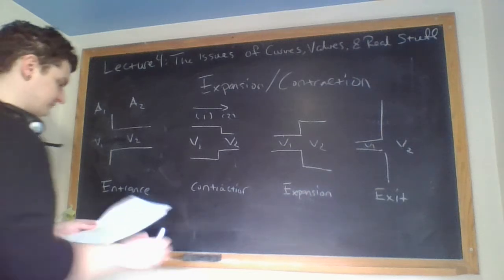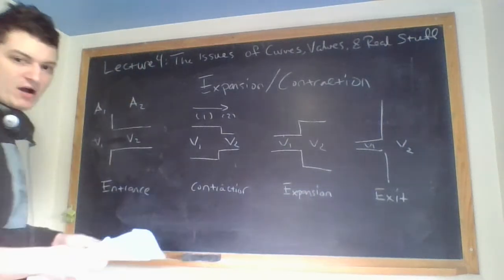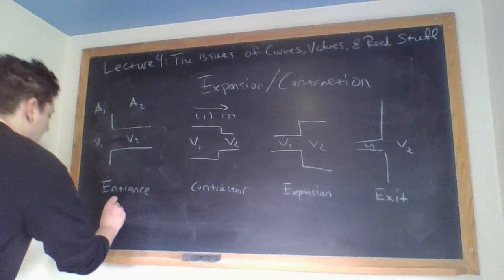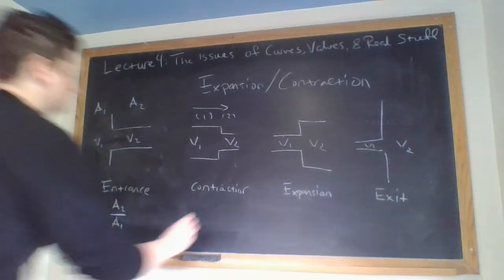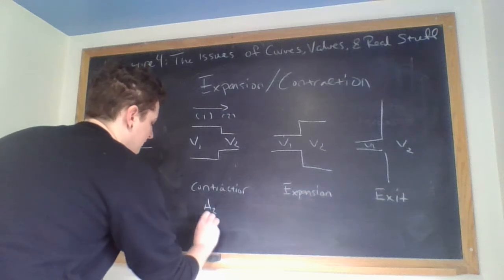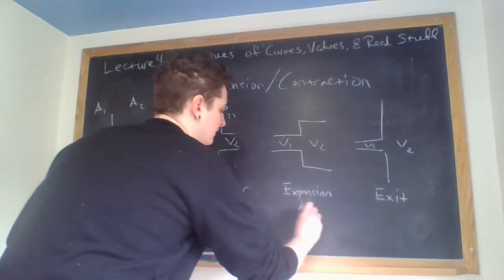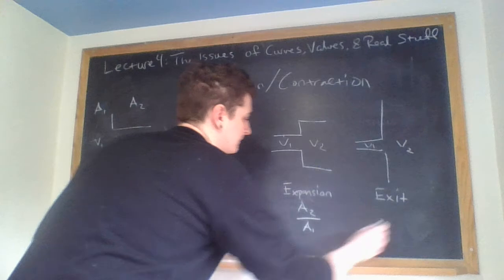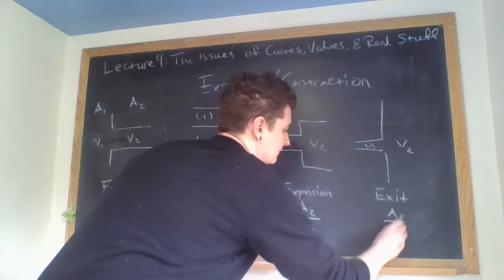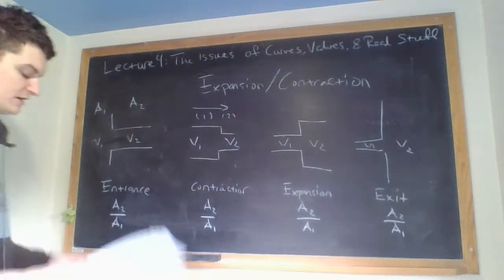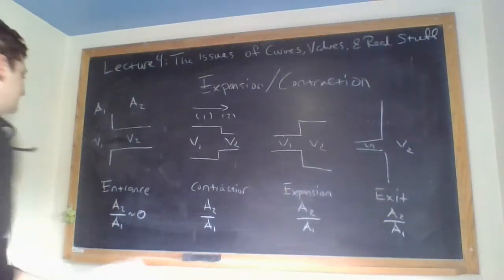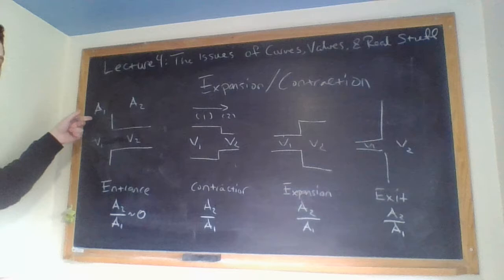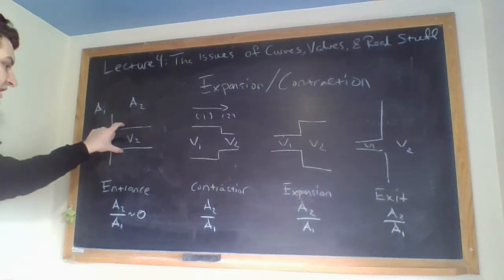All right, so we actually have quantities for these things too that mean a lot. So you go A2 over A1. So for an entrance, right, it's basically 0 because the entrance area is infinite and this is finite.